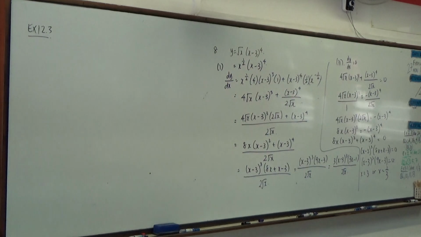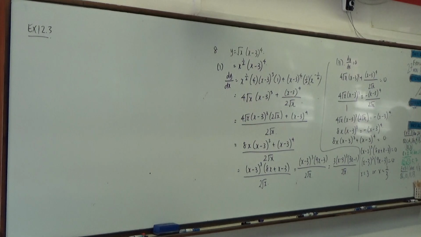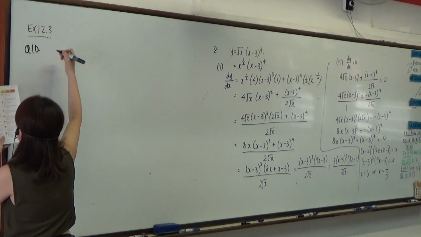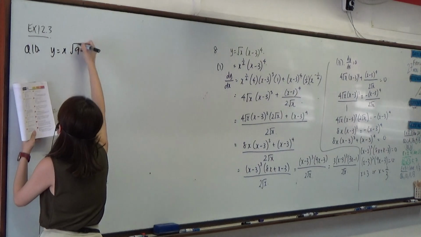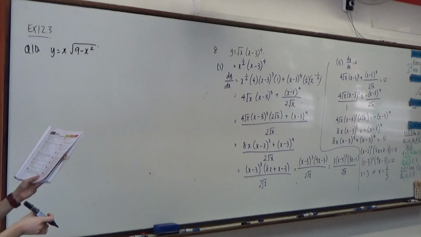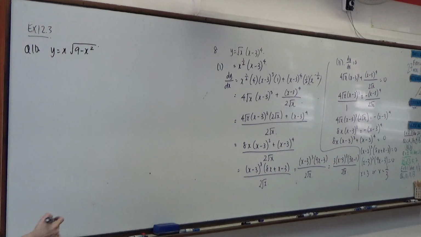Next, we look at question 10. We're given an equation of the curve. We want to find the gradient of the curve at each of the points where this curve meets the line y equals x.